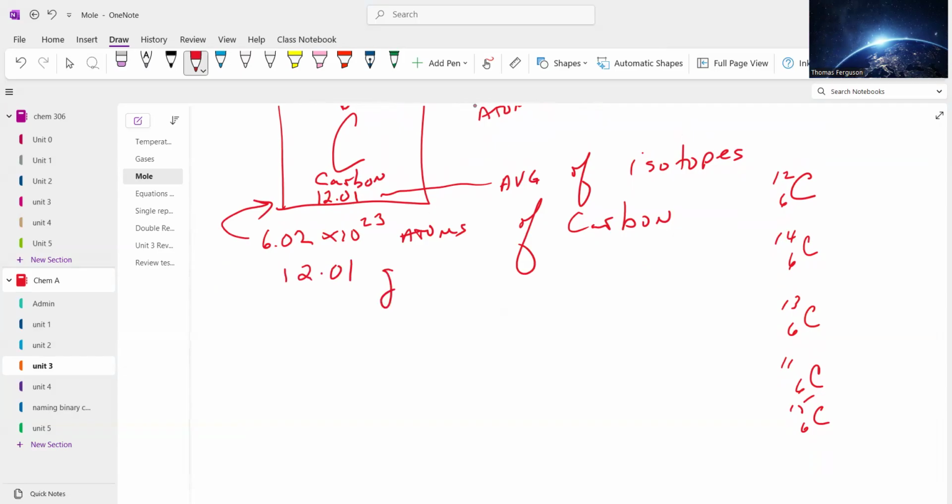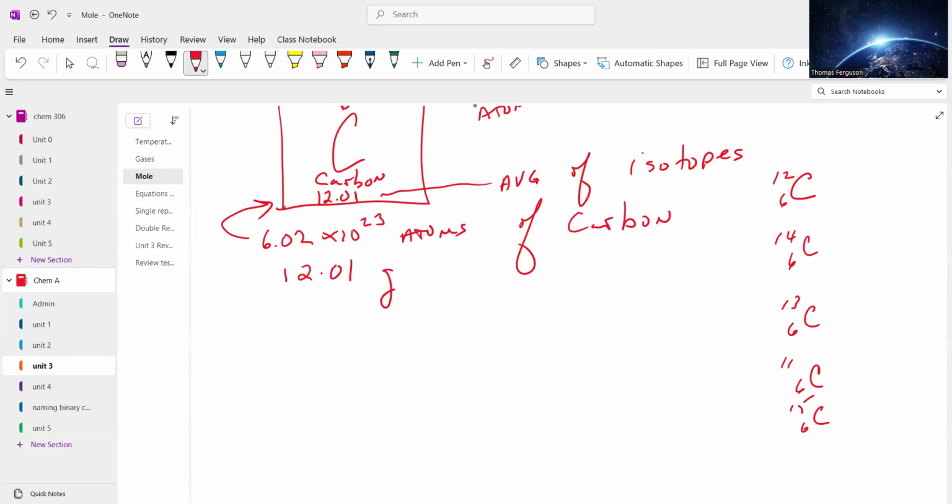Now notice that's kind of a big number. That tells you how small atoms are. For this many atoms to weigh 12 grams, they've got to be really tiny. And they are very, very tiny.